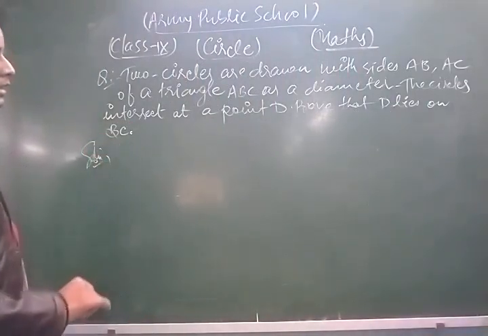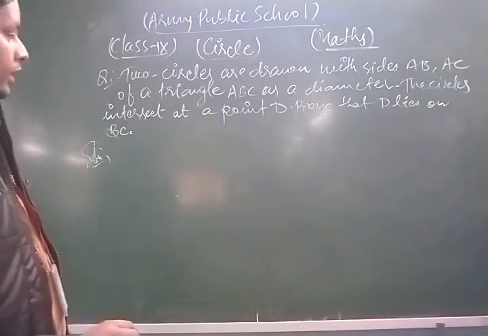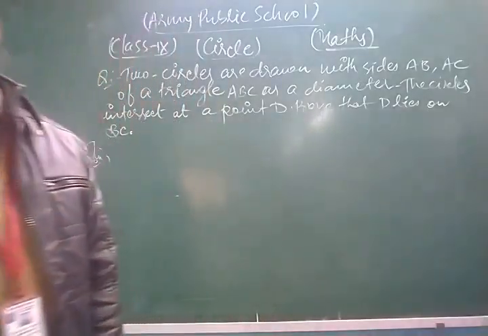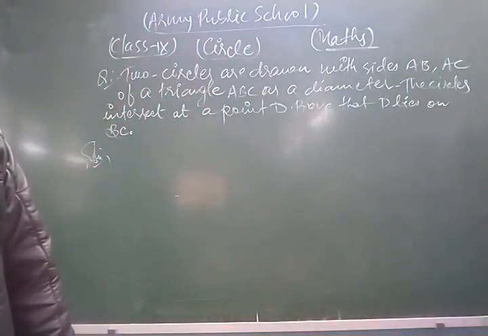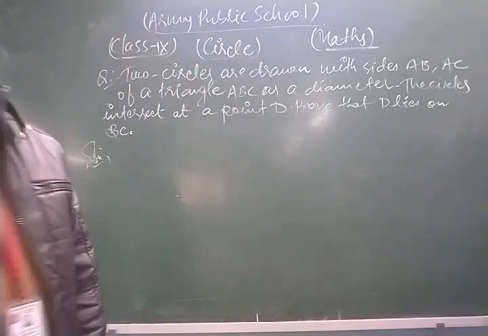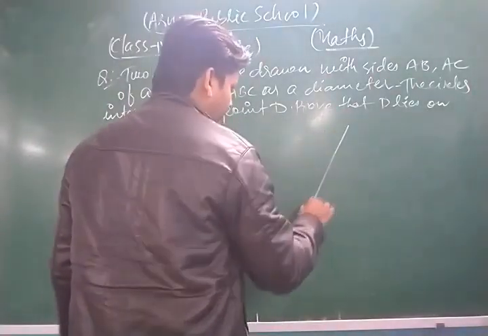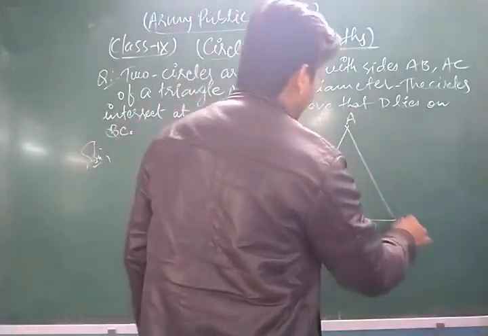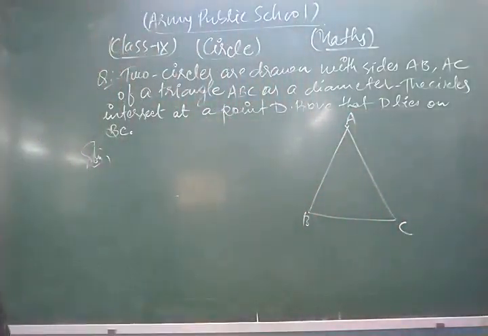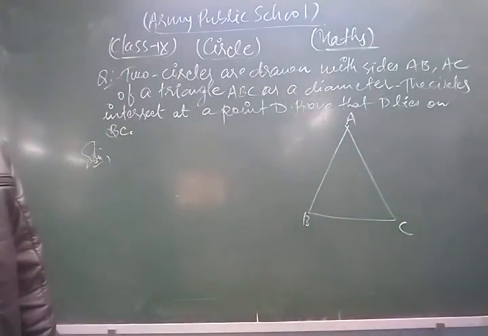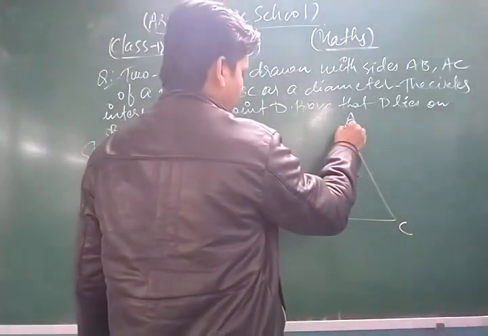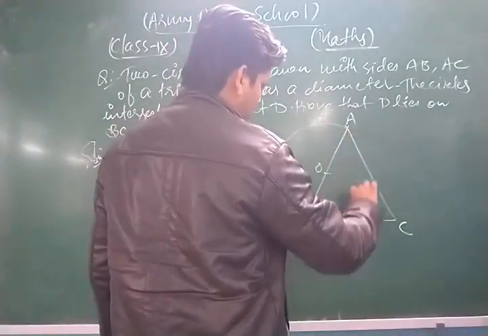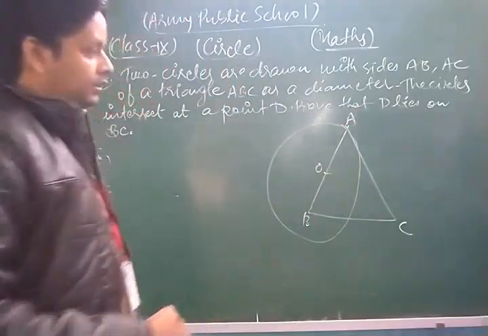So two circles are drawn with AB and AC as diameters. First of all, we draw a triangle ABC and we draw two circles with AB and AC as the diameters.